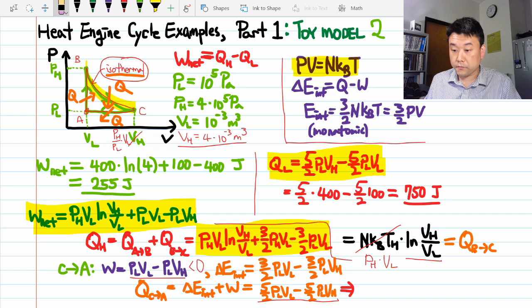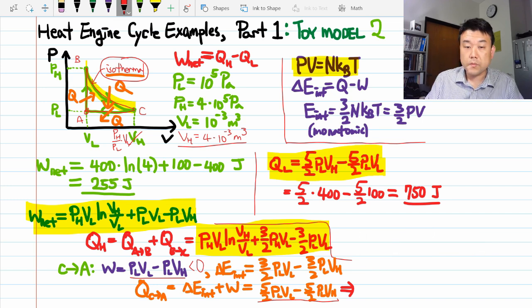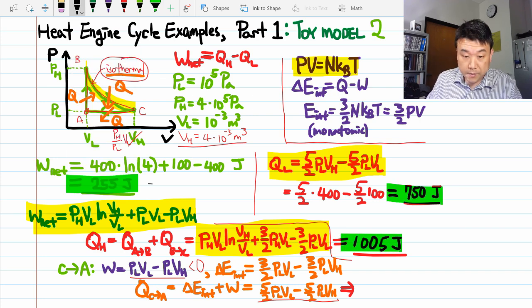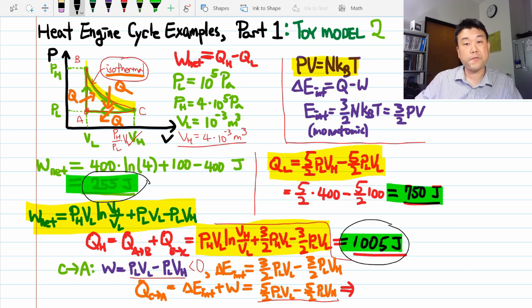Now, like before, we can use conservation of energy to figure that QH must be work done plus QL, or 1005. So when you look at these numbers, it looks a little bit better here. This is about 25% of the input heat, whereas before 100 out of 650 was close to 15%. So proportionally, a greater portion of the input heat is being turned into work.